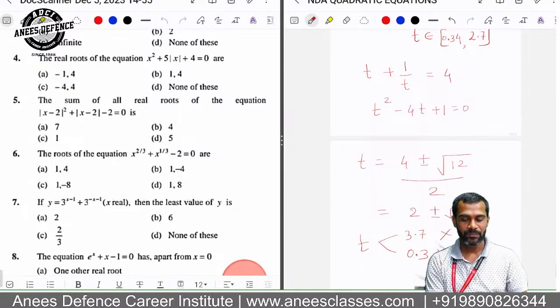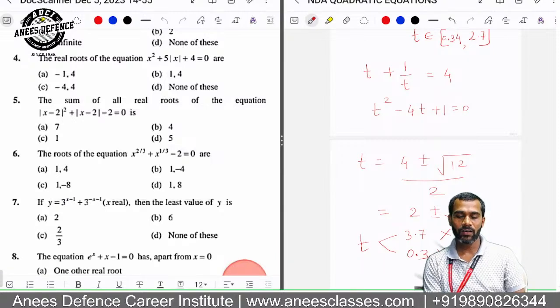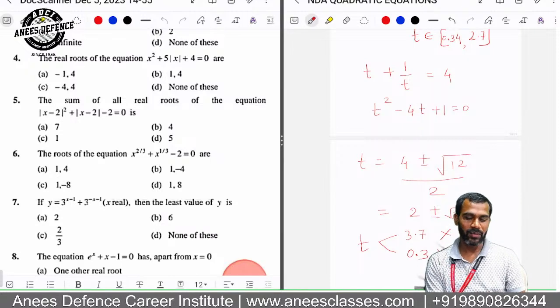Okay, number 4. B option. None of the above. See, there is no need to apply any logic in this question. x square non negative, 5 mod x non negative, 4 non negative.